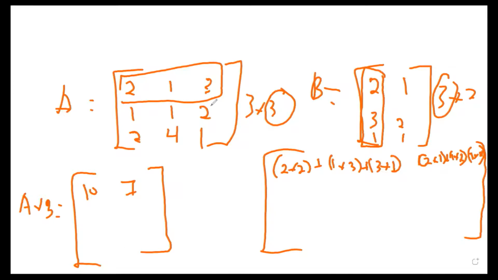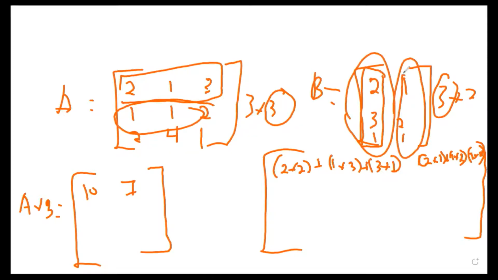Next one, I pick row 2. Also drop them on column 1, column 2. So you're going to have 1 times 2 plus 1 times 3 plus 2 times 1.